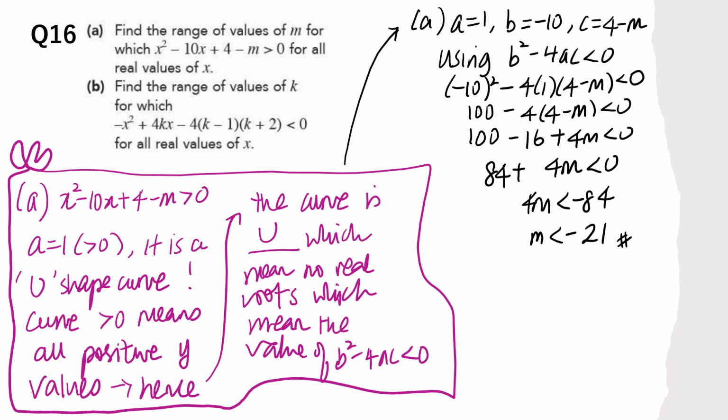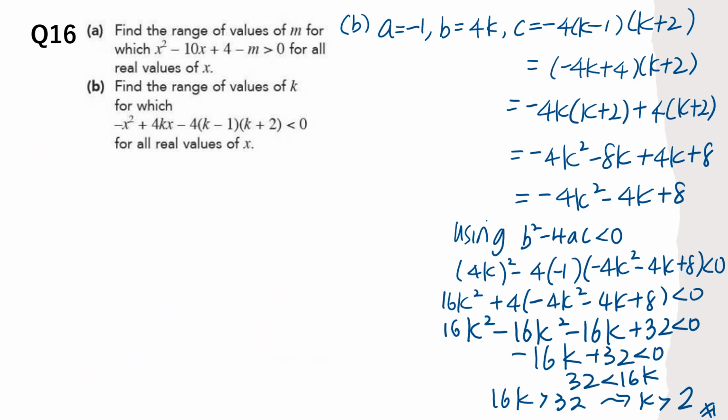Let's look at part B. To do part B, it's a bit more challenging because you have this huge expression here that you need to expand. That will be the value for c.